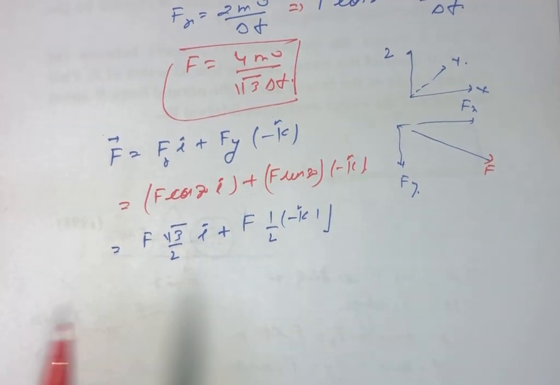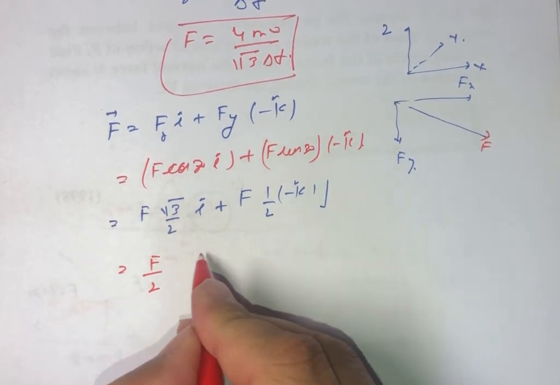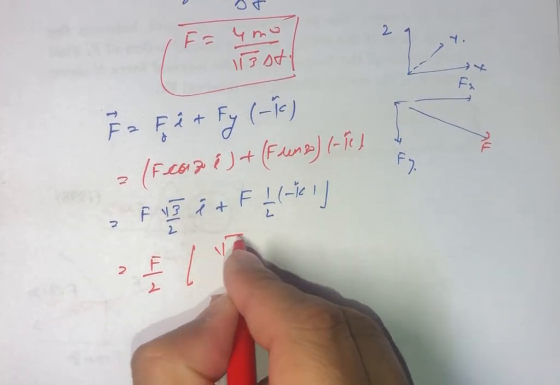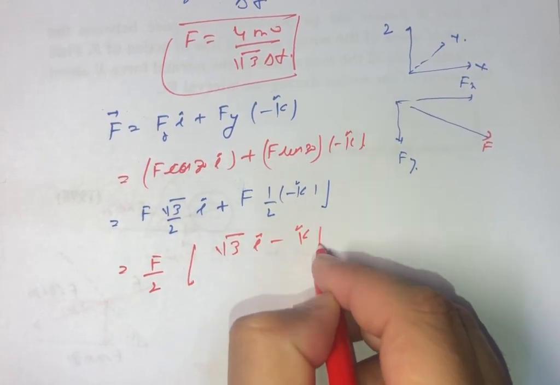From here we can take f by 2 as common. So f by 2 times root 3 unit vector i minus k unit vector.